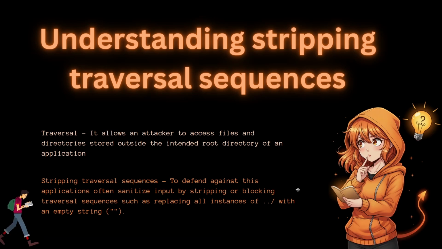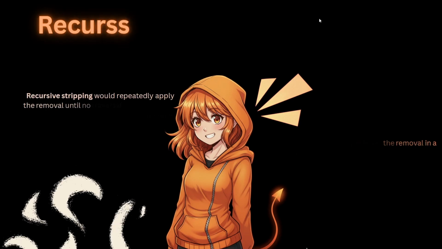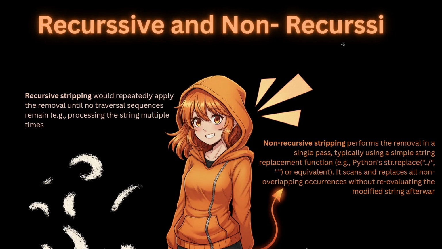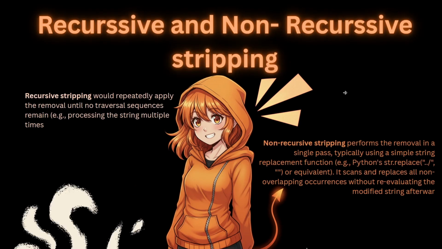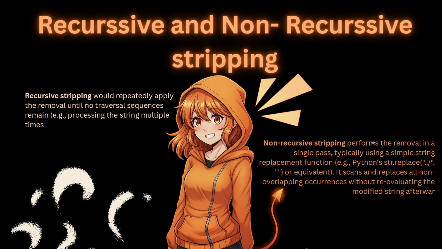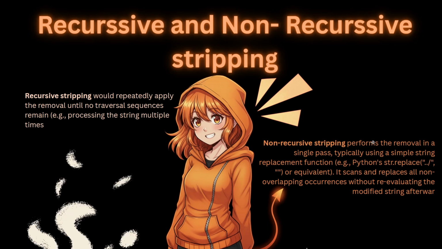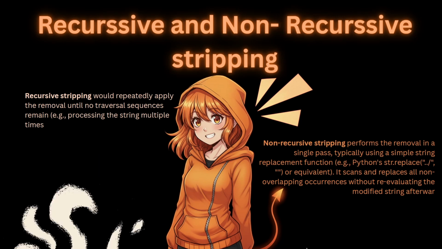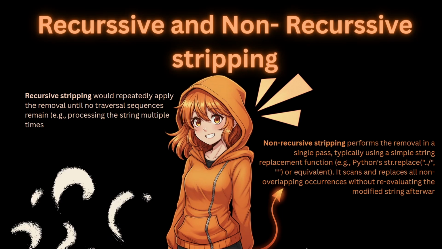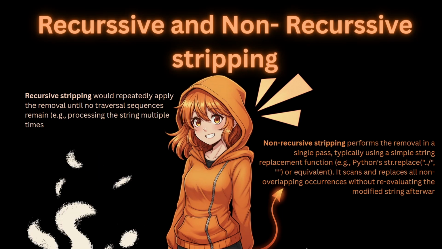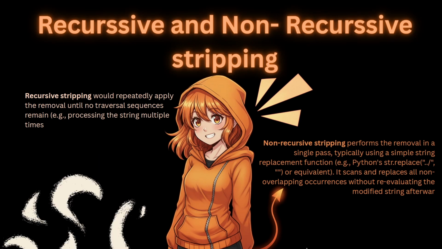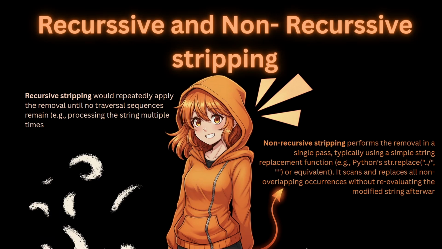But with non-recursive stripping, it would remove that dot dot forward slash only one time, and the next time it won't replace it. It is just checking one time, that's it.